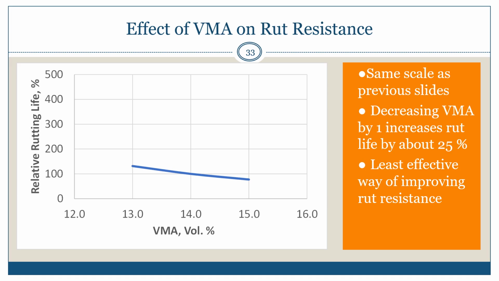Now, this isn't a really big effect. It's probably the least effective way of improving your rut resistance. Furthermore, decreasing VMA is often going to mean a lower binder content, which can negatively impact your fatigue and cracking resistance. So I think this is something you probably want to avoid.